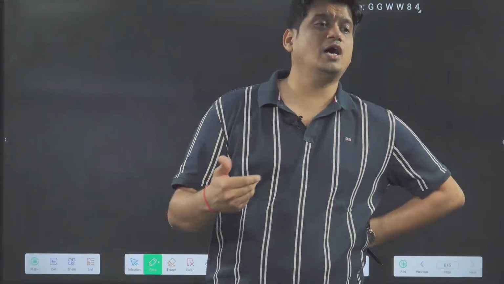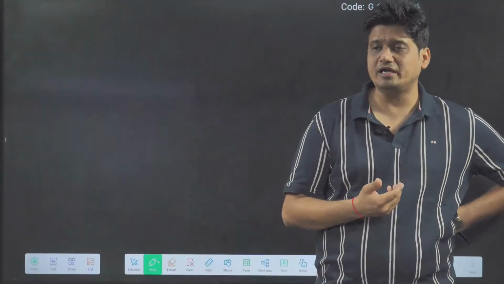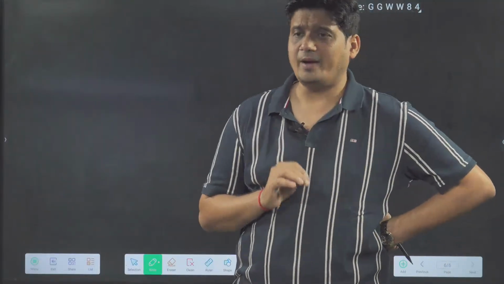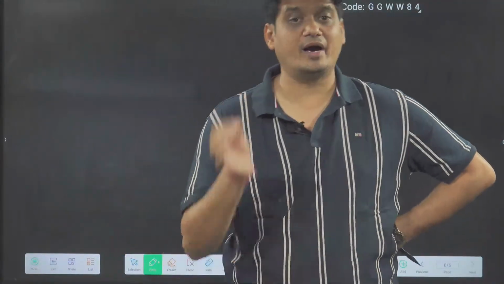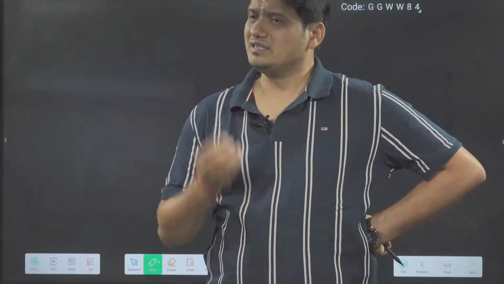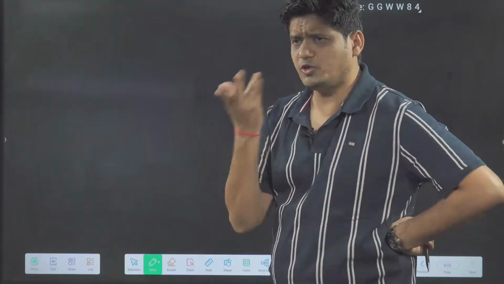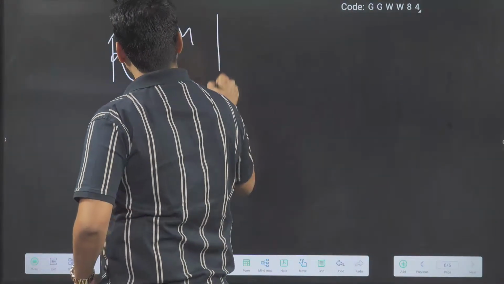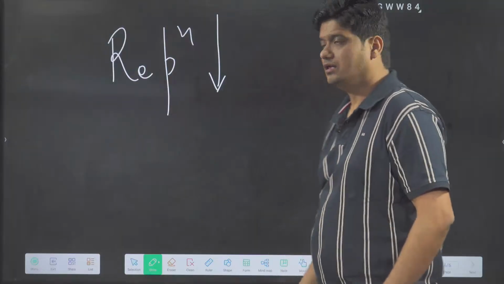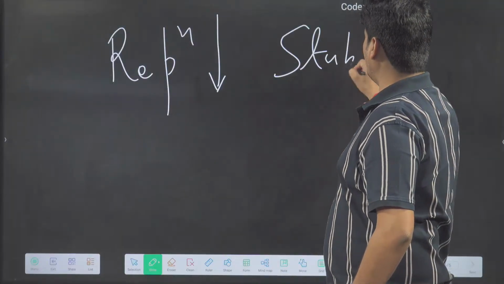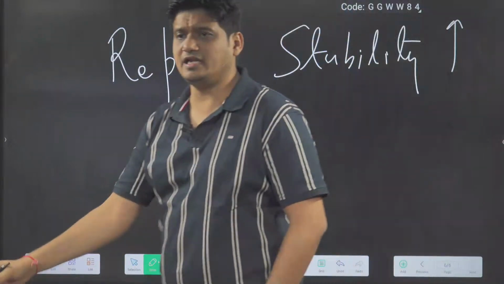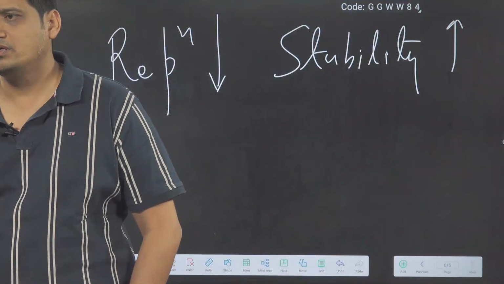Now the point is how hybridization will help to increase the stability. So the answer is hybridization will increase the stability by minimizing the repulsion. If repulsion is less, stability is more. Am I right or not?